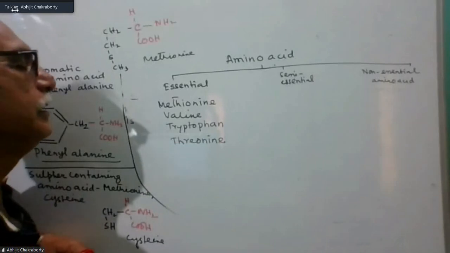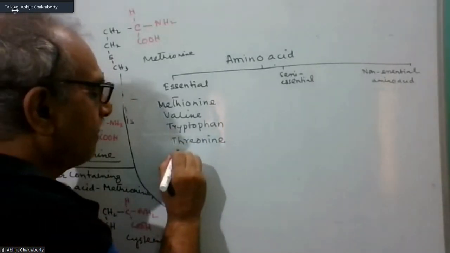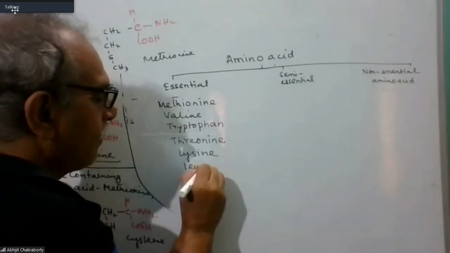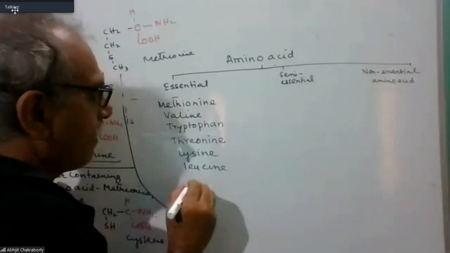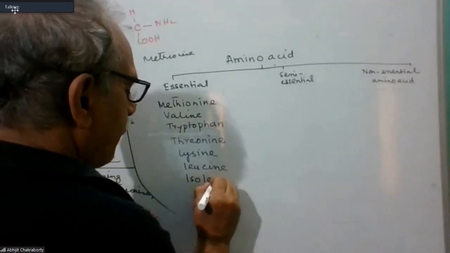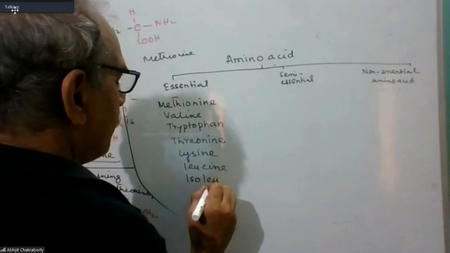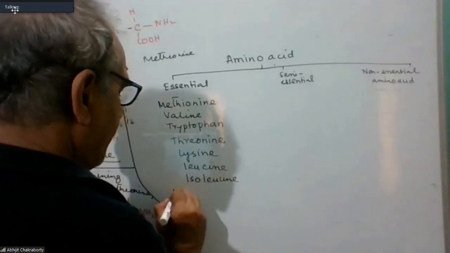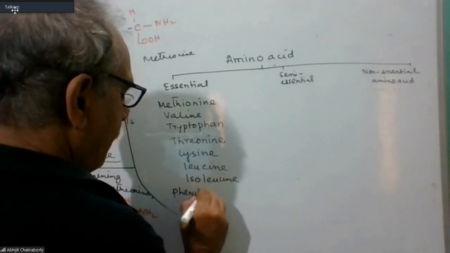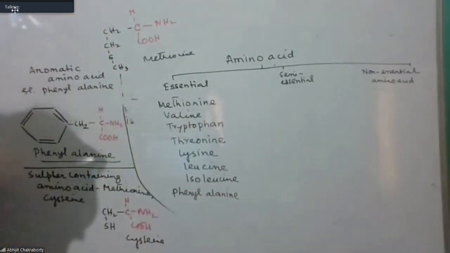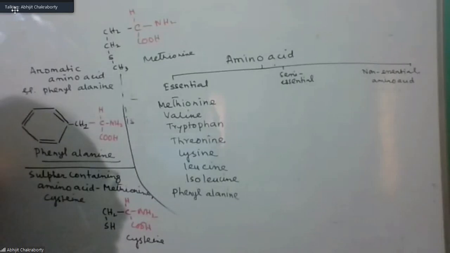Methionine, valine, tryptophan, threonine. These are essential amino acids which are not synthesized in our body.